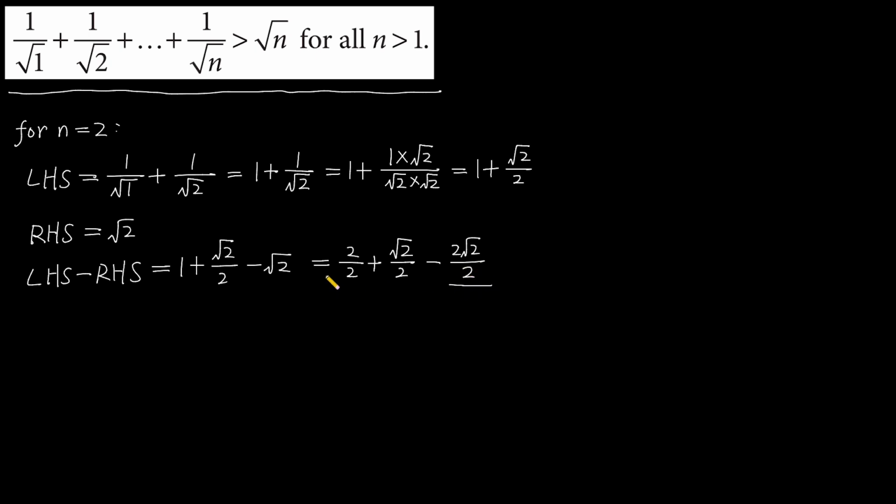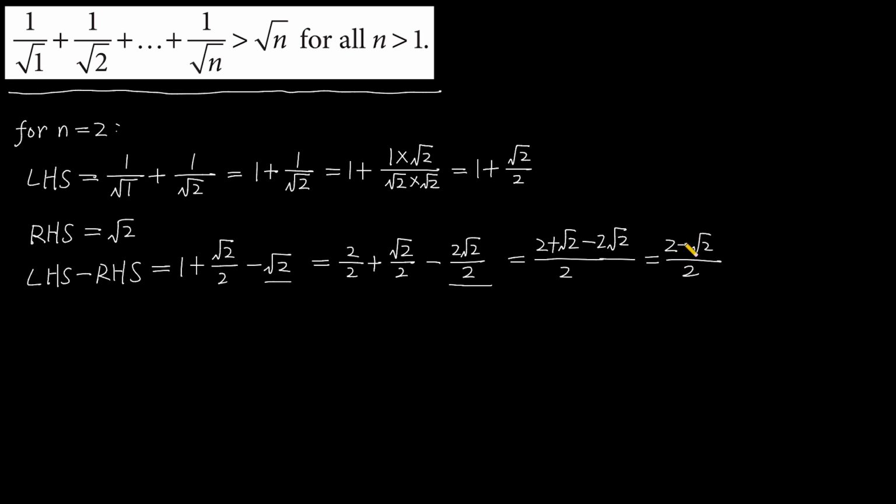So this one is just this one. Then this equals 2 plus square root of 2 minus 2 multiply square root of 2. And this equals 2 minus square root of 2 over 2.